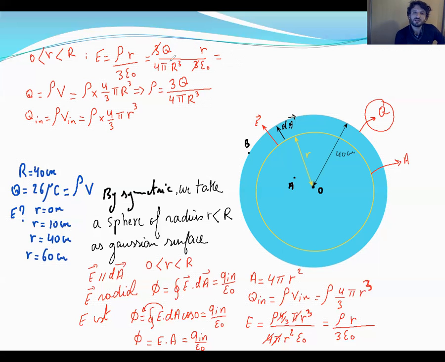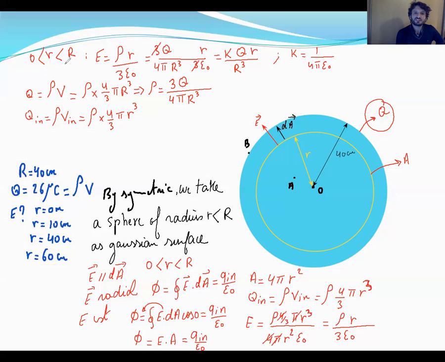You know, 1 divided by 4 pi epsilon 0 equals k. We can write here k Q r divided by R cube. Okay, you know that k equals 1 divided by 4 pi epsilon 0.